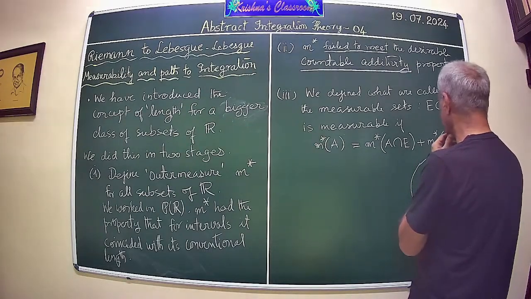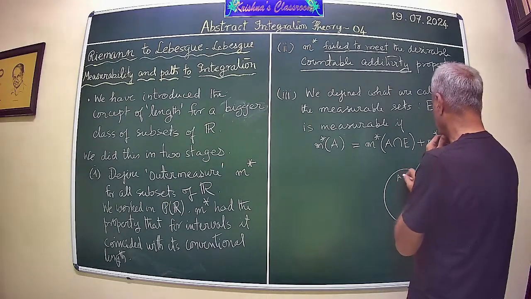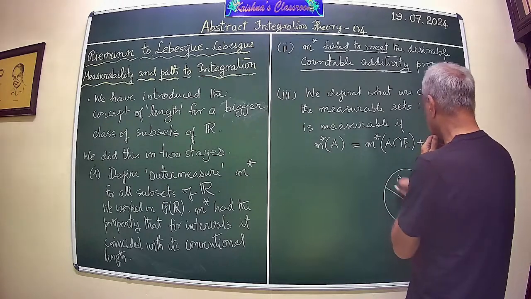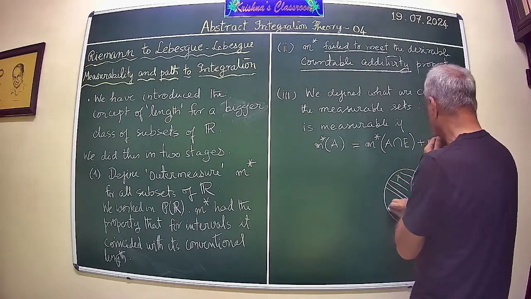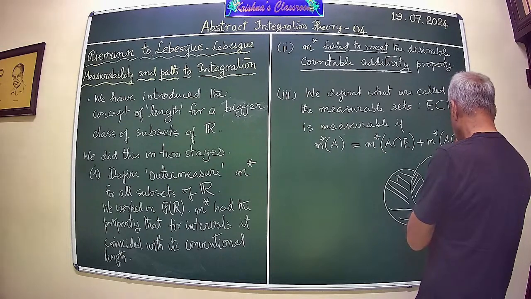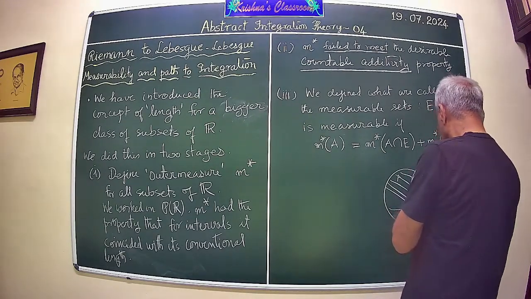This is E. So this is an arbitrary A, which has been cut into two parts. One is this, the other one is this. So this is A intersection E, and this portion is A intersection E complement.